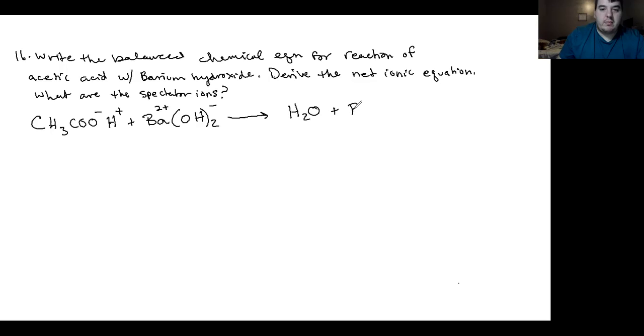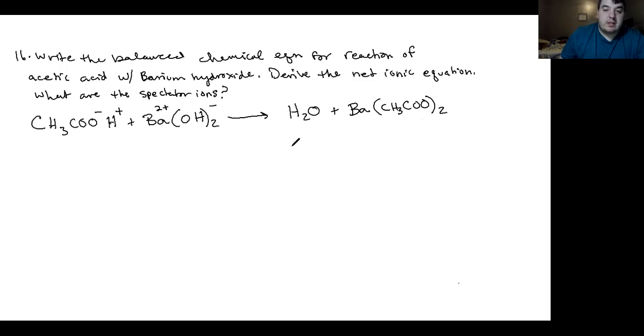And again, if you look at the charges, barium has a +2 charge. The acetate ion has a -1, so I'm going to have 2 of those to create barium acetate. So this right here is our reaction equation, but it's not balanced.